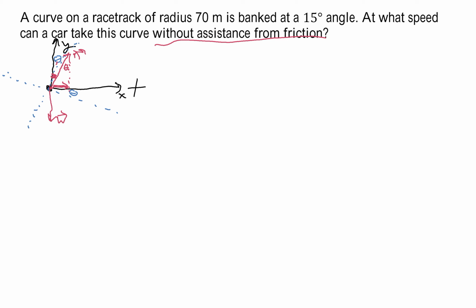And that is opposite my angle theta inside the triangle, so that's going to be sine. So sine theta equals normal in the x direction, opposite, divided by the hypotenuse, which is the normal. So normal in the x direction equals normal sine theta.